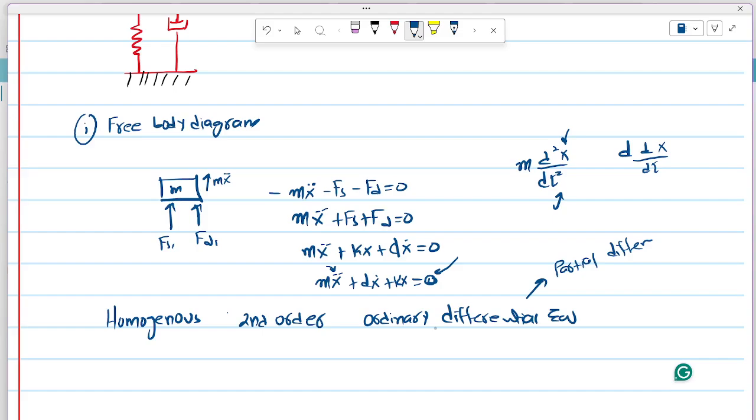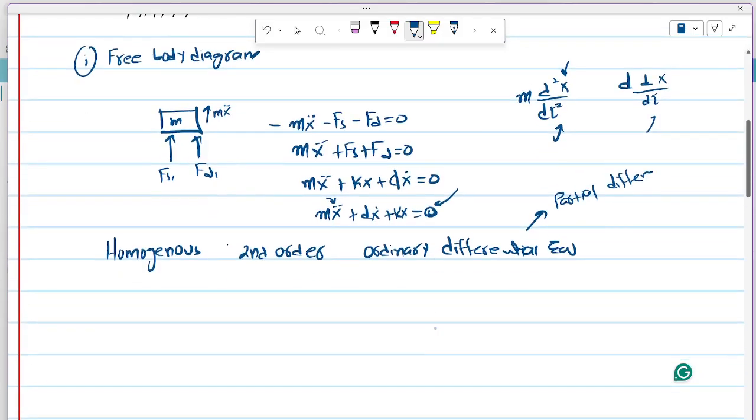It means time is not the only thing by which the equation is differentiated; there are other factors too. So that's the homogeneous second order differential equation.